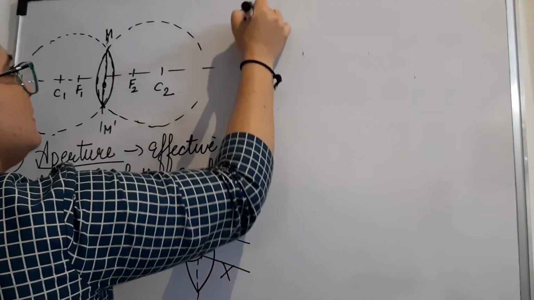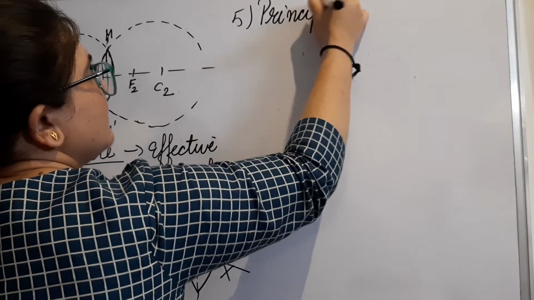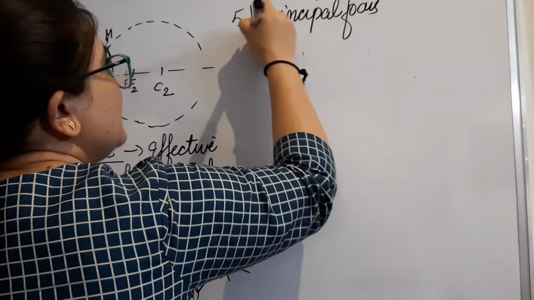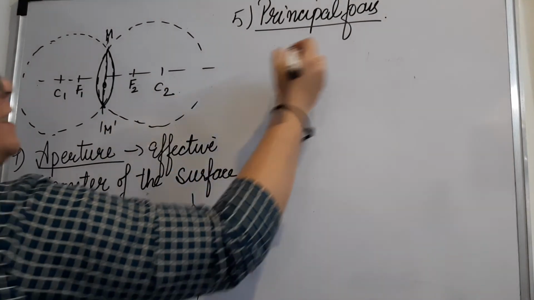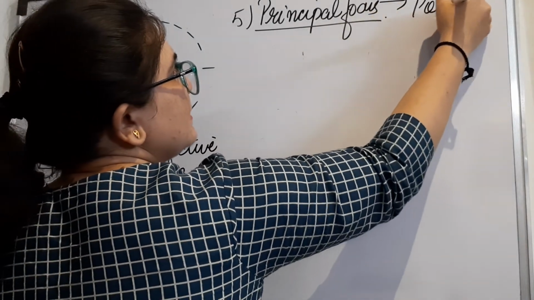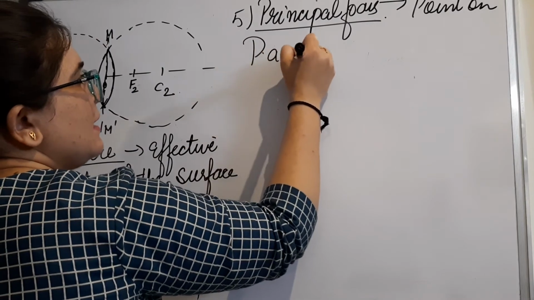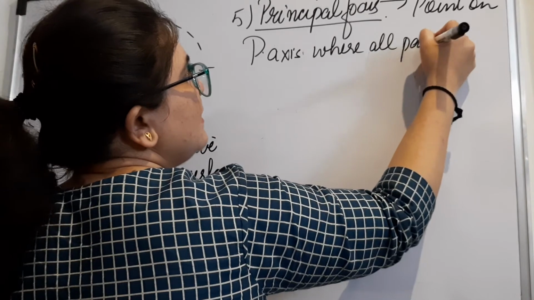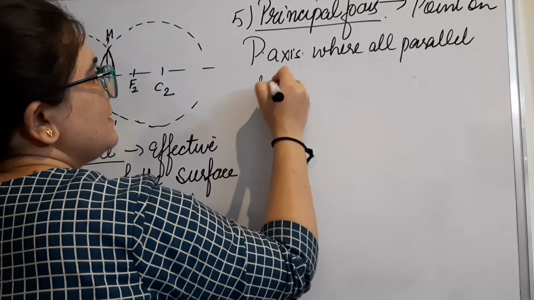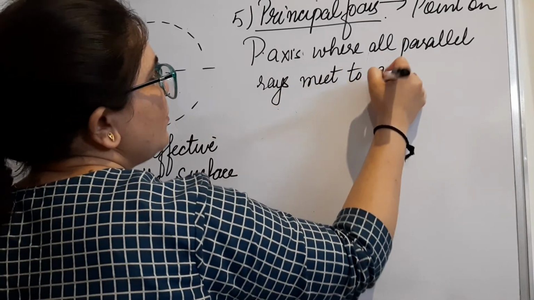Fifth is the principal focus. Now again, this definition was there in case of mirrors as well. So what exactly is it? It is a point on the principal axis where all parallel rays meet to give you image.